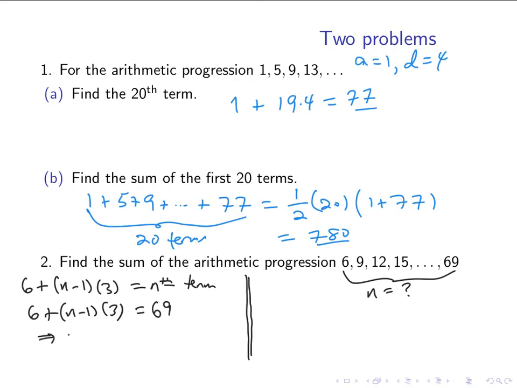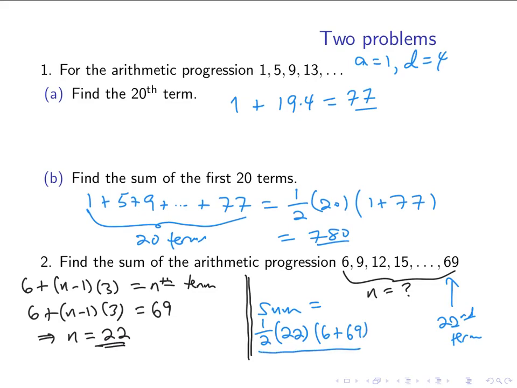So we can solve this equation for n just by doing normal algebra, and we'll get n equals 22. So this guy is the 22nd term of that arithmetic progression. And now the sum, using the formula we just talked about, is 1/2 times the number of terms times the sum of the first term and the last term, whatever that turns out to be.